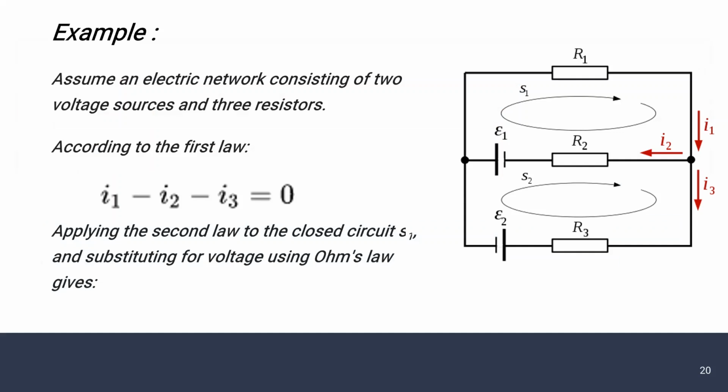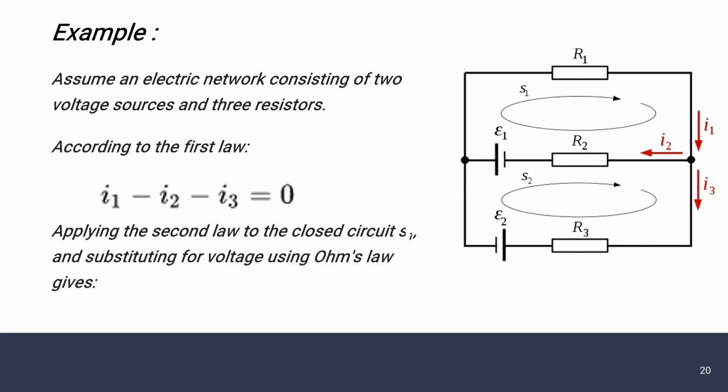As an example, we analyze a current network consisting of 2 voltage sources and 3 resistors. The resistors are R1, R2, R3 and the 2 voltages are E1 and E2.